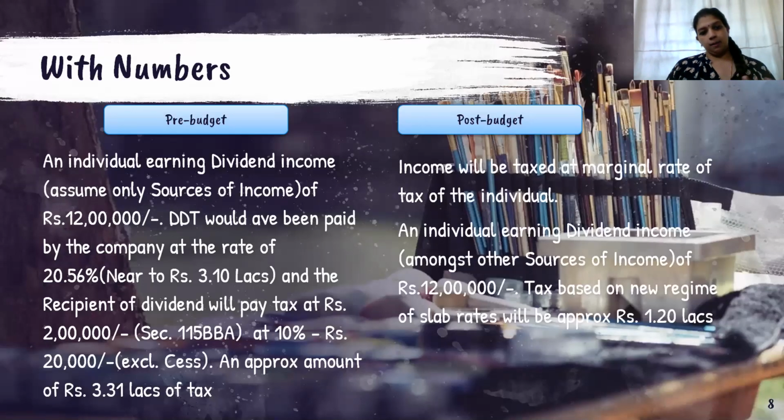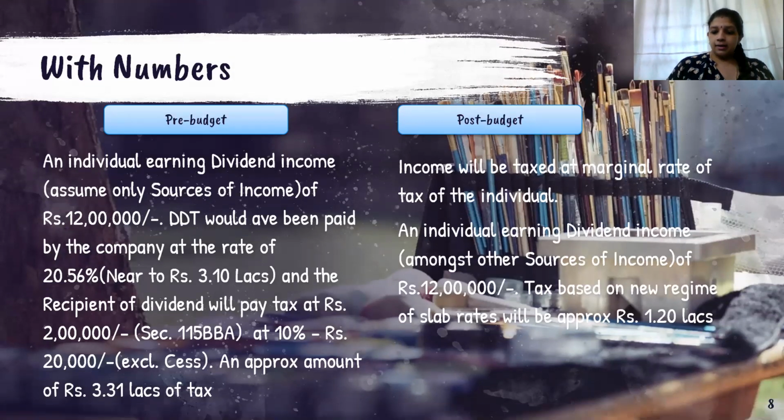When confirmed with numbers, pre-budget and post-budget, for any amount between the basic taxable amount and up to 50 lakhs, it's always higher when the DDT was available. With abolition of DDT, people are actually paying much lesser than what was being paid, including their own tax plus the DDT which was paid by the company.